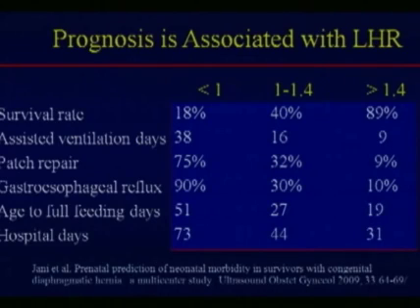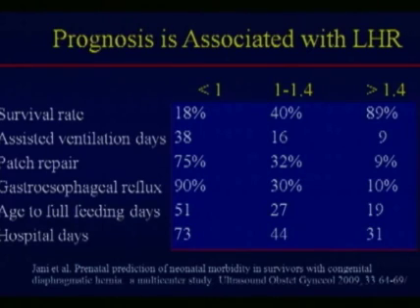I think this is an even better study that just came out last year, and I want to go over it a little bit in detail because it certainly provides us with the most detailed information we've had to date about neonatal outcomes using lung to head circumference ratio. Here are the lung to head circumference ratios up above: less than 1, an intermediate range between 1 and 1.4, and greater than 1.4.